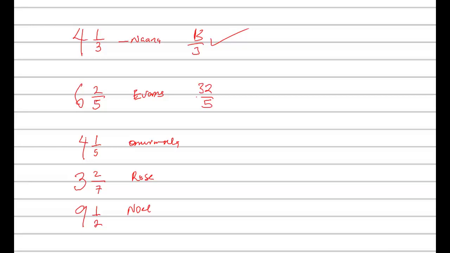What about Omorisola? The third question. Okay, I'll come back to her later. Then what about Rose? 23 over 2. 23 over 2. Thank you. What about Noel? 19 over 2. 19 over 2. Thank you. So, Omorisola, are you back now?